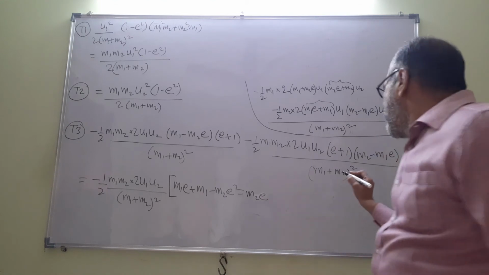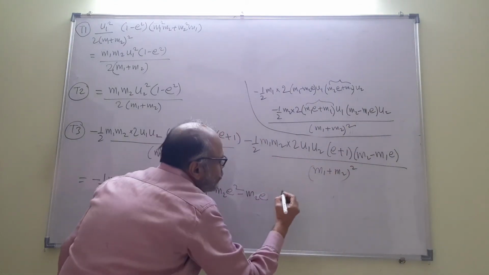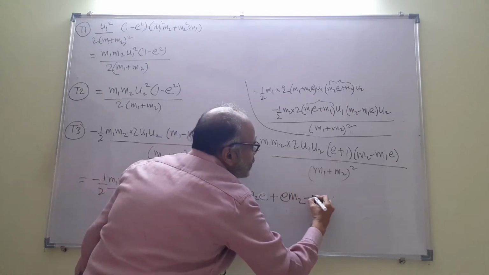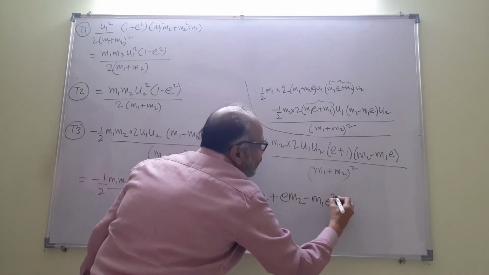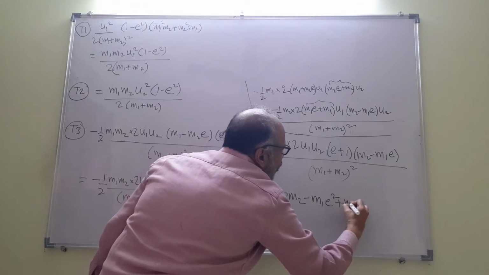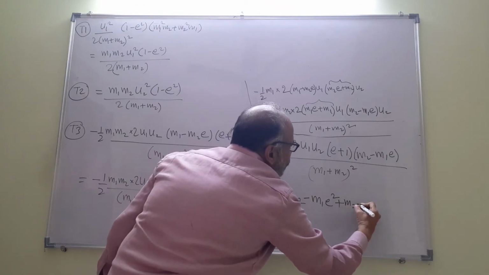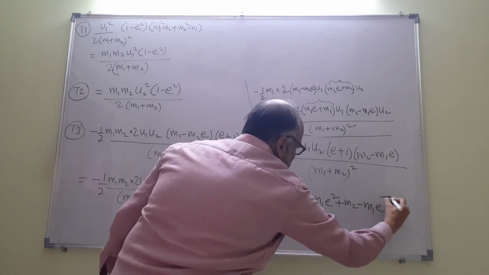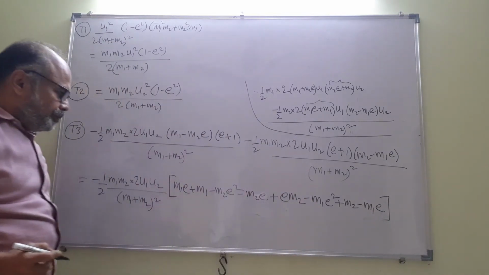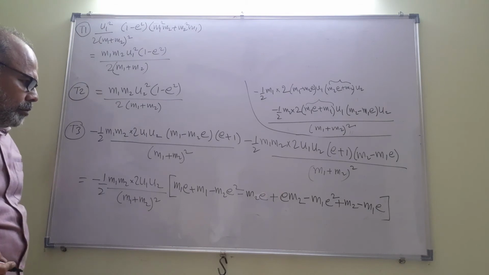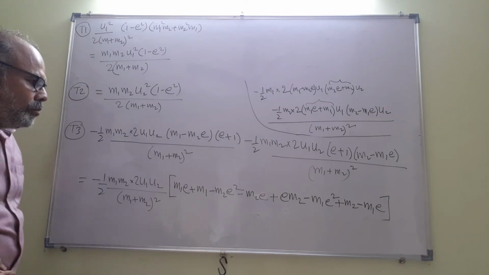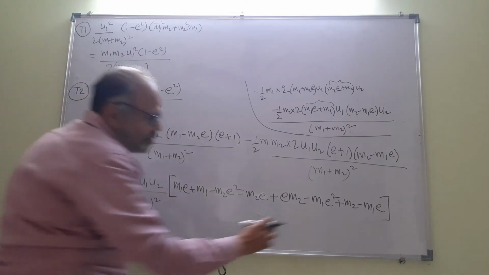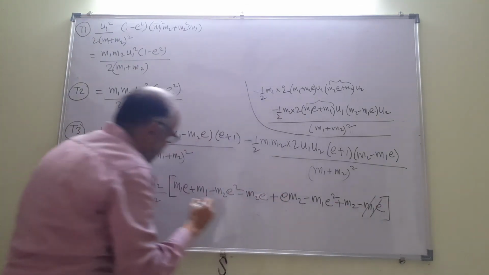So we only need to retain the same signs. So minus m2e, what will this be? It will be em2 plus em2 minus m1e squared plus m2 minus m1e. That way. So things should cancel. m1e minus m1e cancels here.